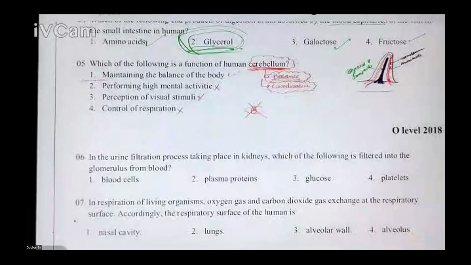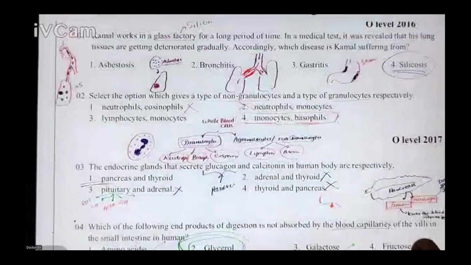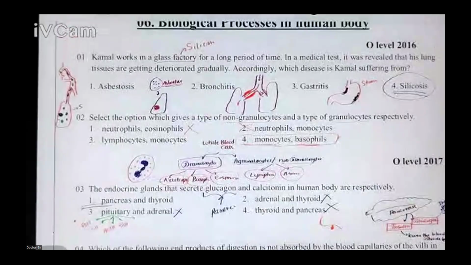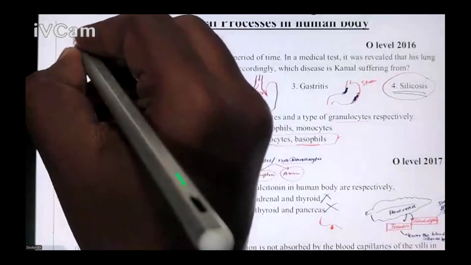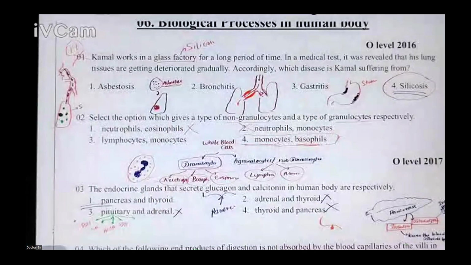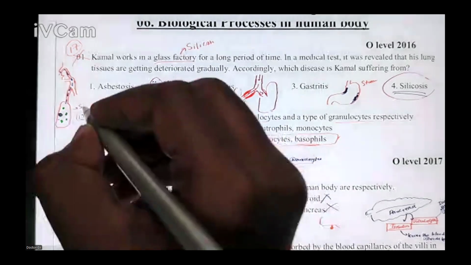Right. Now we move on to the 2020 paper. I forgot to tell you the original question numbers of the previous questions. I think you all got that. This is question number 17, and the next one, also 2016, is question number 13.